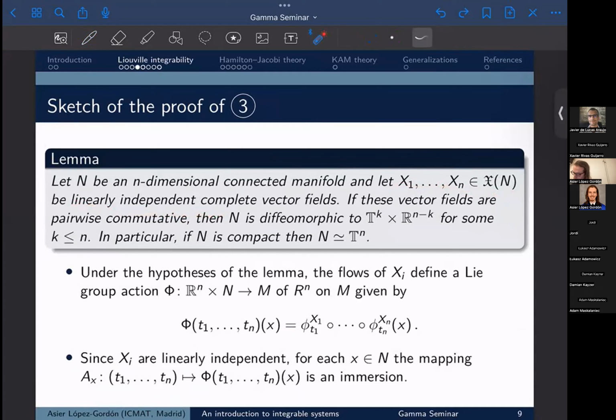Their integral curves. So if these vector fields are pairwise commutative, so basically the Lie bracket of each pair of these vector fields vanishes, then N is diffeomorphic to a torus T^k times R^(n-k), where k, the dimension of the torus, is less than or equal to the dimension of the manifold.